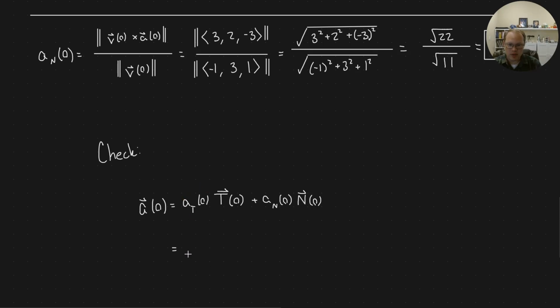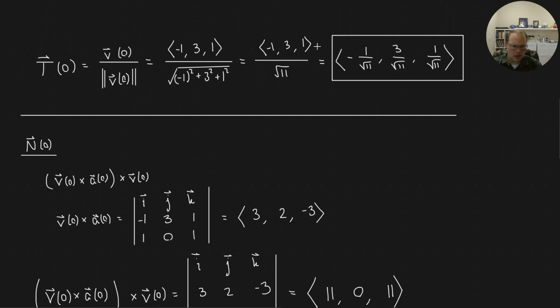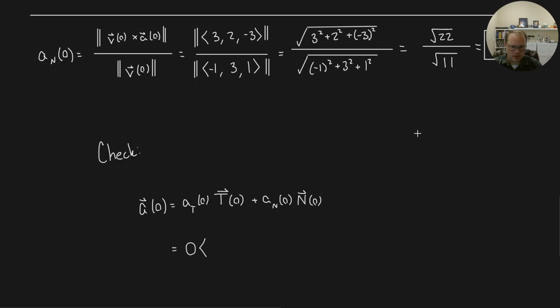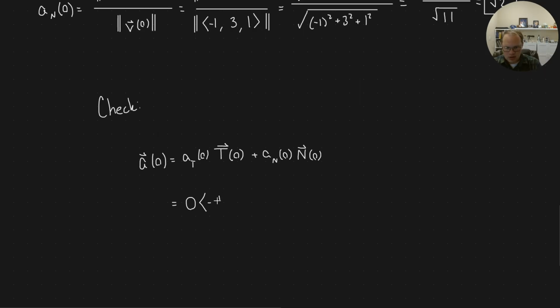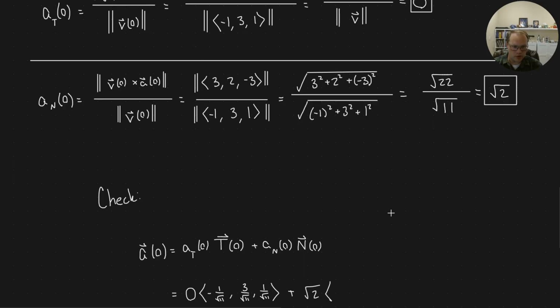Tangent component of acceleration was 0 times the unit tangent vector, which was negative 1 over root 11, 3 over root 11, 1 over root 11. Plus the normal component of acceleration, which is root 2, times the unit normal vector at time 0, which was 1 over root 2, 0, 1 over root 2.